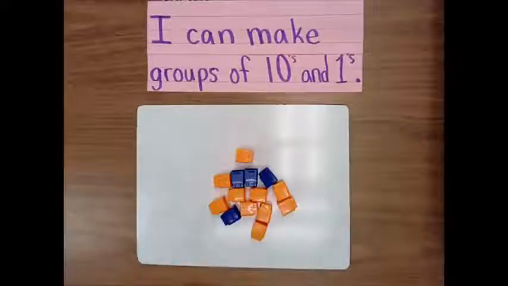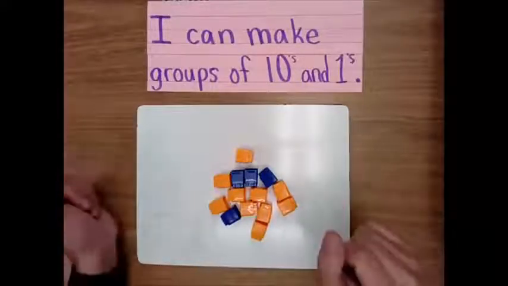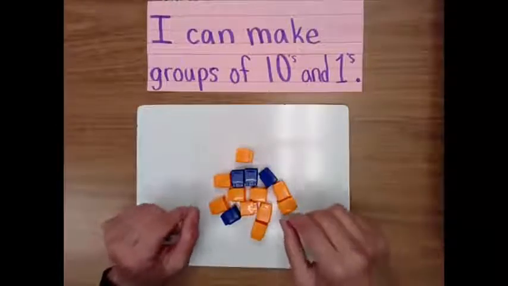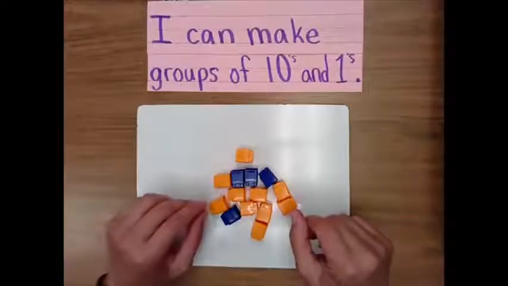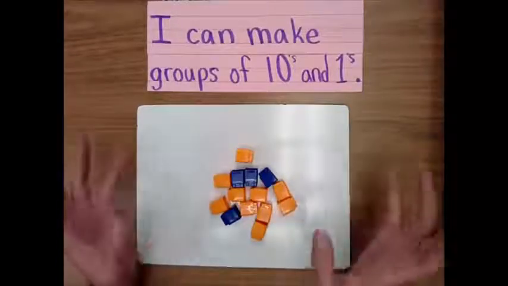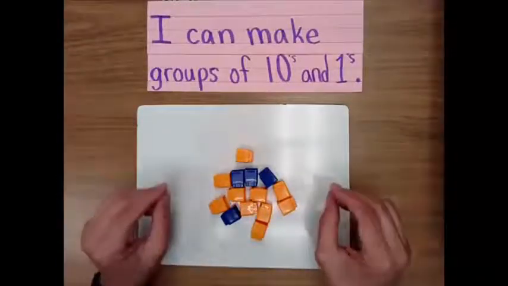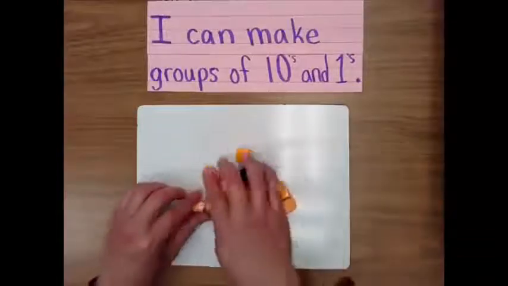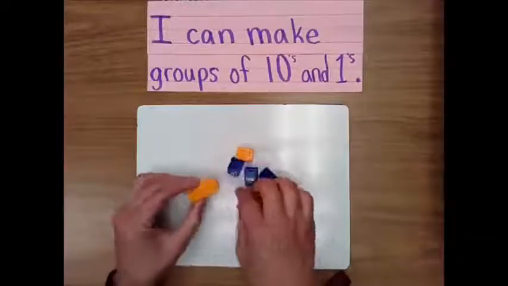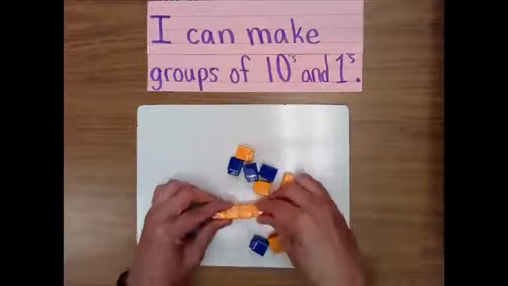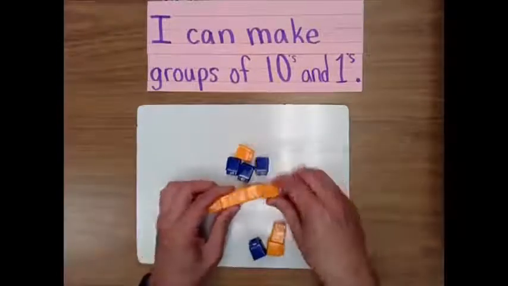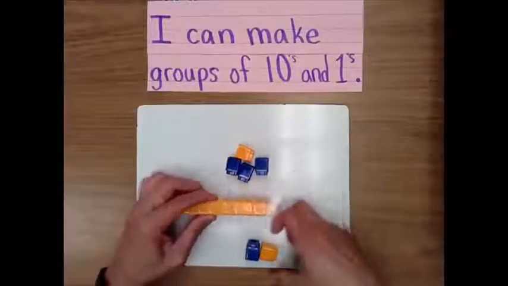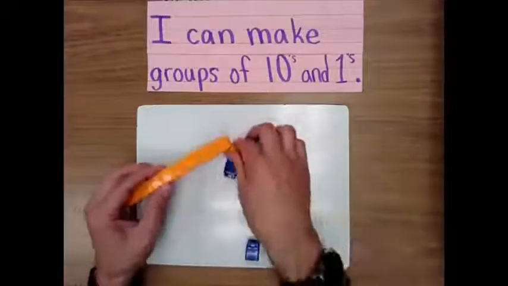Okay? Now, there is an easier way to do this. What I can do is make a friendly 10. We talked about friendly 10s before. So I'm going to put 10 of these counters together to make a group of 10, and I'm going to see how many groups of 10 I can make.